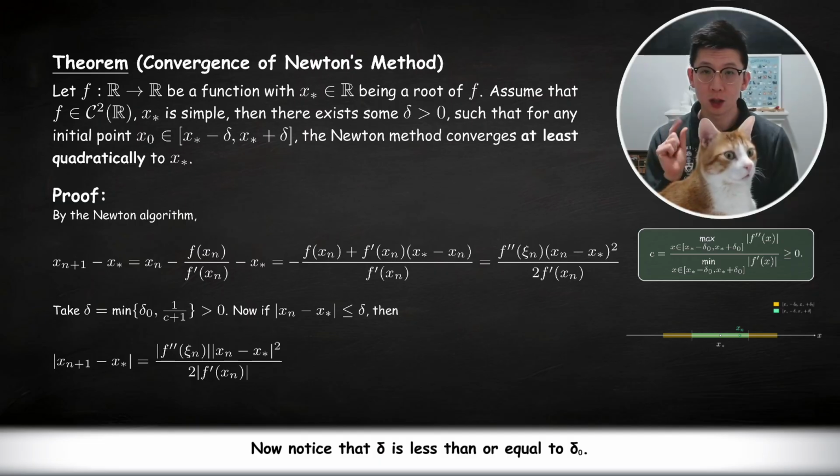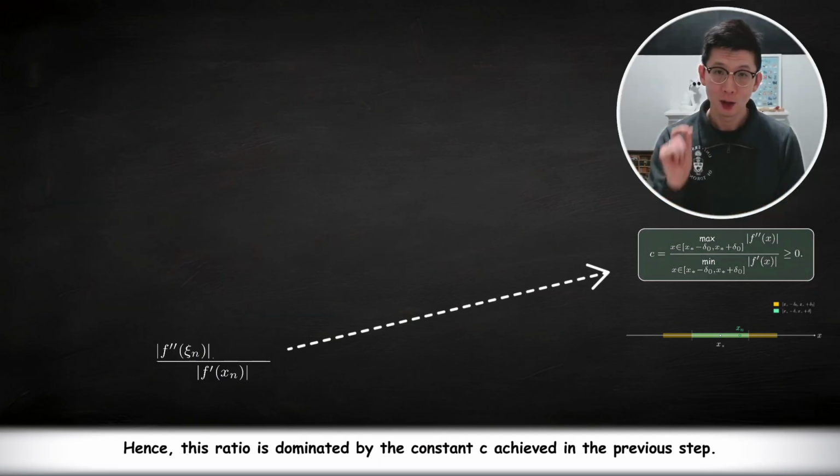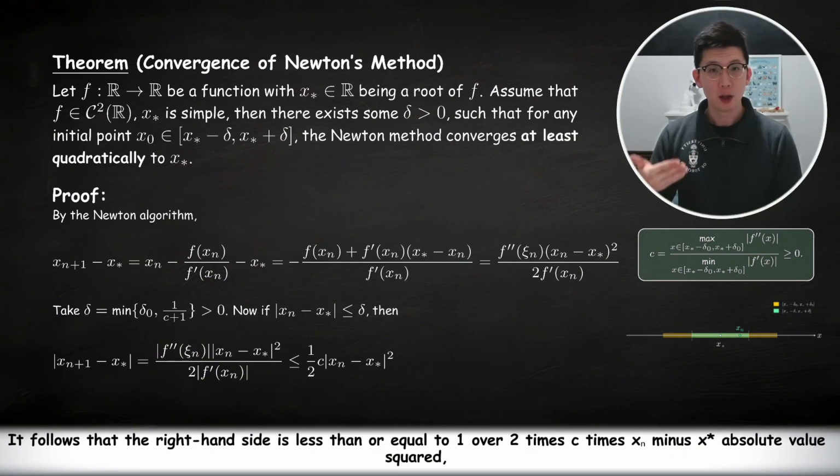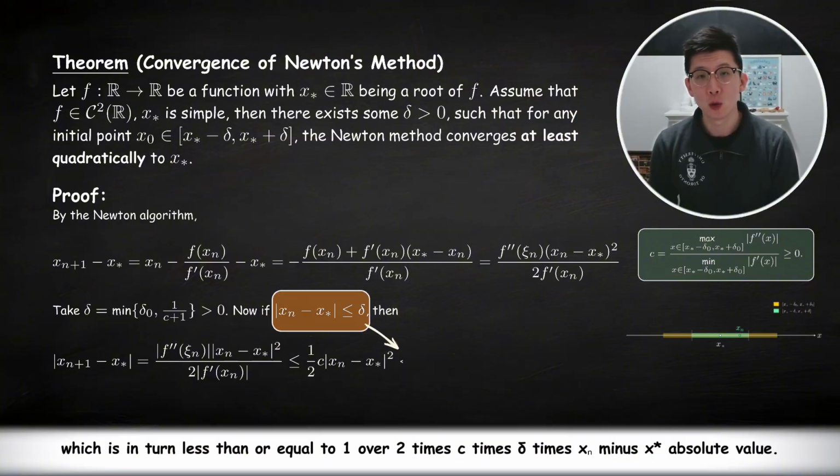Now, notice that delta is less than or equal to delta naught. Hence, this ratio is dominated by the constant c achieved in the previous step. It follows that the right-hand side is less than or equal to 1 over 2 times c times the absolute value of x_n minus x star squared, which is in turn less than or equal to 1 over 2 times c times delta times the absolute value of x_n minus x star.